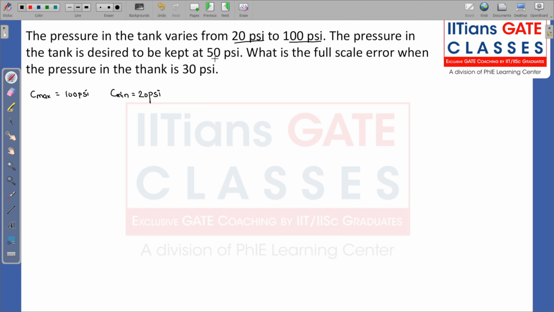The pressure in the tank is desired to be kept at 50 psi. So this is my set point. Set point is given as 50 psi. What is the full scale error when the pressure in the tank is 30 psi? So this is my current value of the output, that is 30 psi.